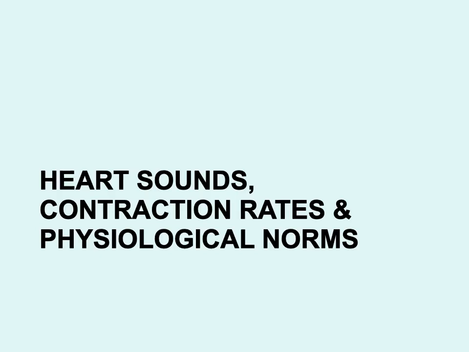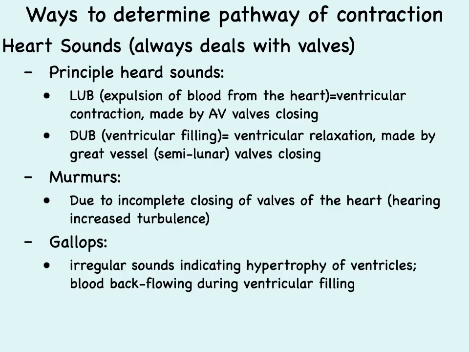Now, one of the things that we can pick up in terms of this contraction kinematics is what's referred to as heart sounds. Heart sounds are the lub dubs that we normally think about when we think about the heart, in which we have two principal sounds. The two principal sounds are referred to as S1 and S2.